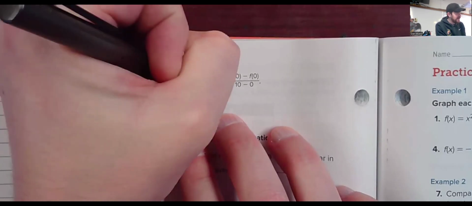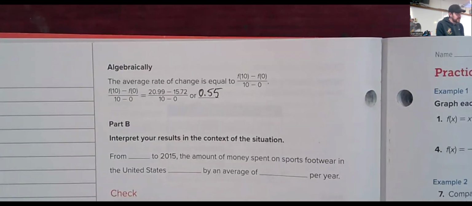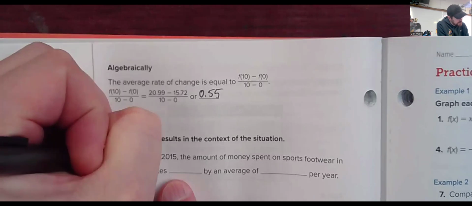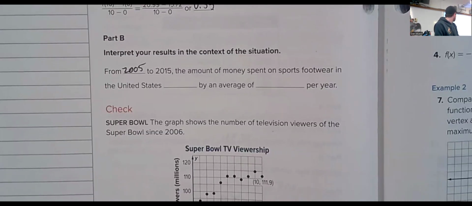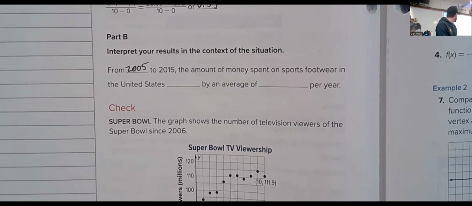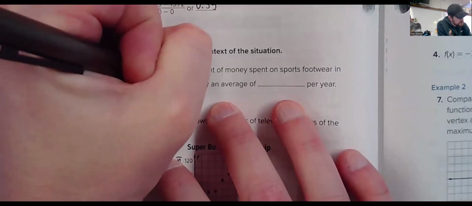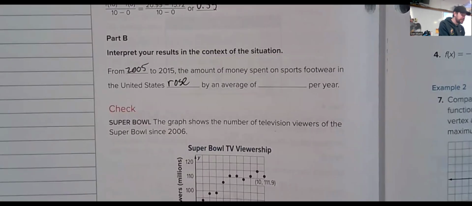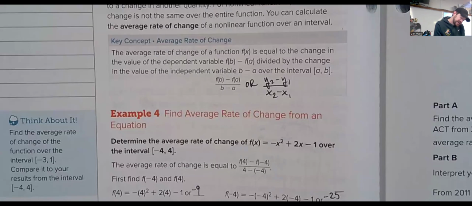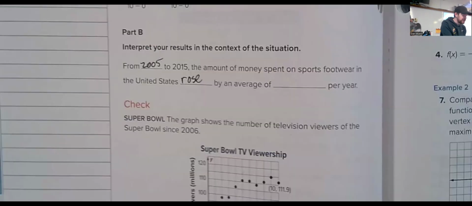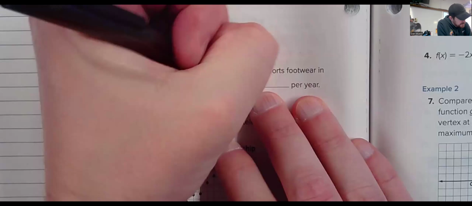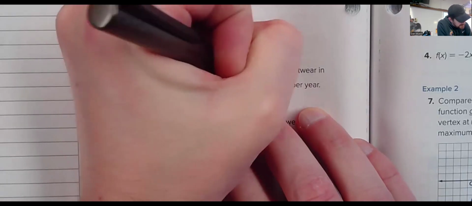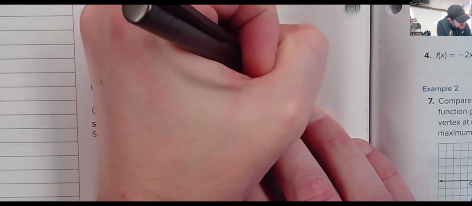It's the same thing. So if we interpret from 2005 to 2015, the amount of money spent on sportswear in the United States rose, because it went up, it's a positive slope, by an average of, these are in billions of dollars, so 0.55 billion dollars.